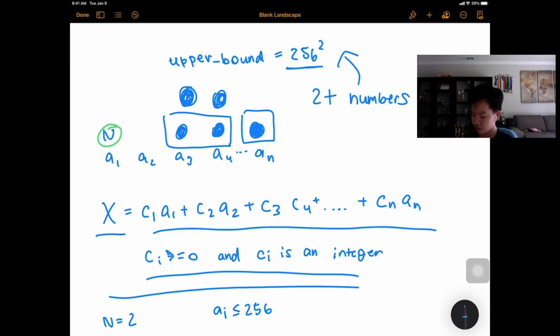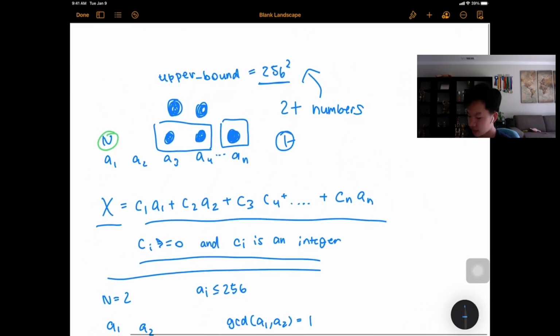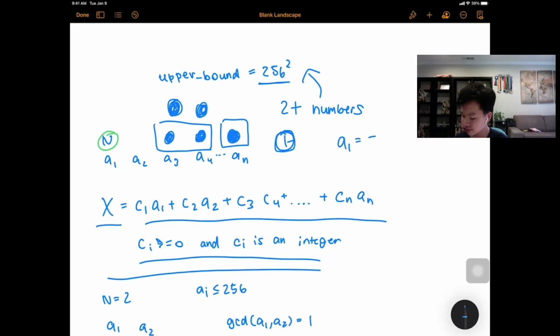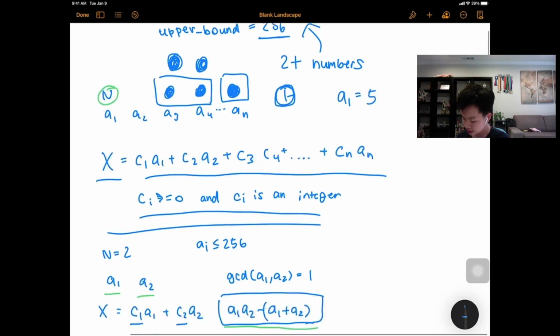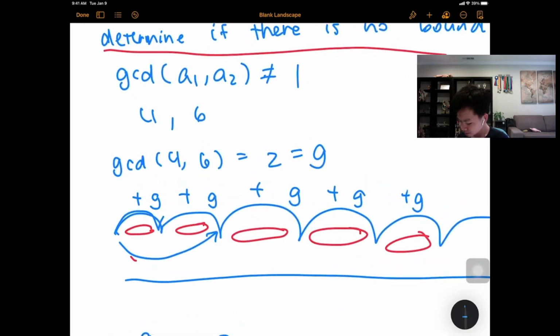But then there's another case. Maybe we can just use one number. If you have one number, then there's not going to be an upper bound, meaning that you won't find an answer. For example, if you have a1 equal to 5 and you choose this, then it's going to look something like this, where we make this jump.